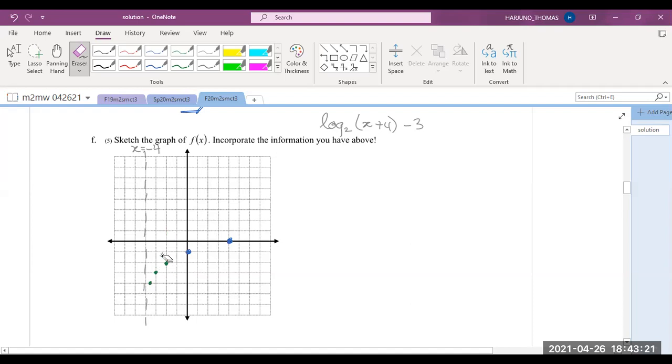So my new important coordinates are located here. Now let's put them together. This will be the graph. Okay, that's for number 2.